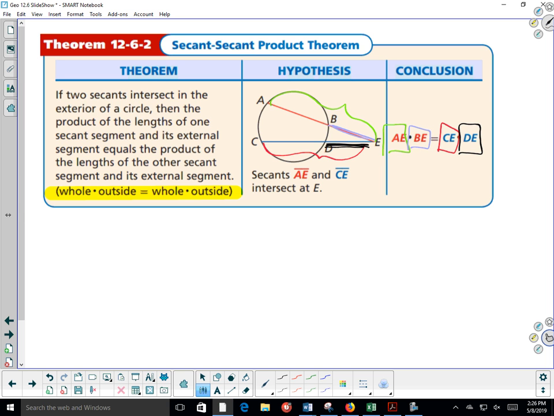Are we okay with this? Yep. That's our theorem. So it's whole times external equals whole times external. Whole times outside equals whole times outside.